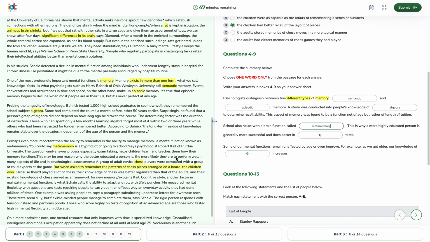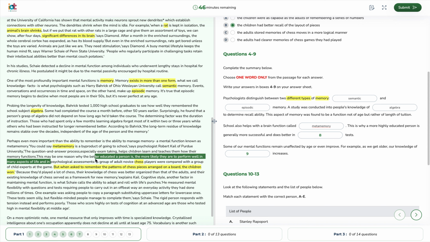They are saying in what test they perform better. So we will find it out after that. It should be written somewhere over the next. So if you read from here, they're saying this may be one of the reasons why the better educated person is more likely to perform well, or does better, in many aspects of life and in psychological assessments.